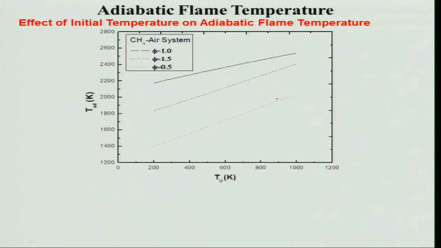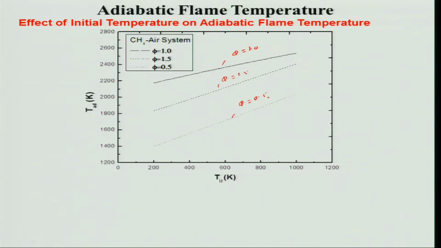And if you look at, I have taken three equivalence ratios for a methane-air system. One is of course phi equal to 1, and if you look at it, with inlet temperature the adiabatic temperature just increases. And phi equal to 1.5, this is phi equal to 1.5, and this is phi equal to 0.5.